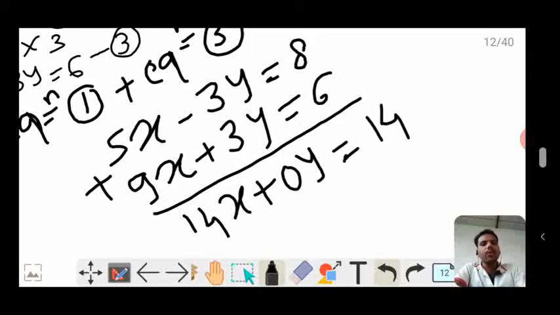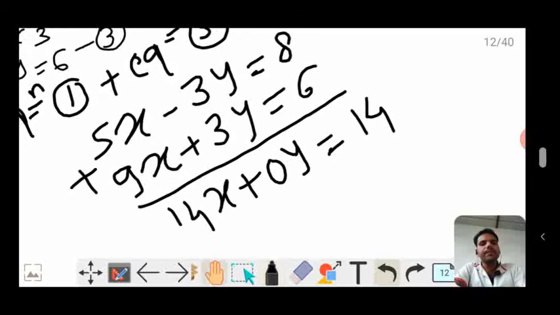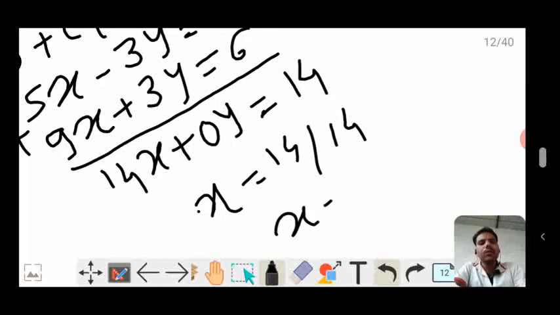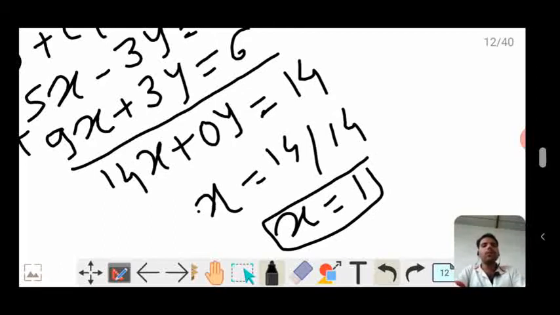Okay, so from this we get x is equal to 14 divided by 14, that is x is equal to 1. So we get the value of the variable x.